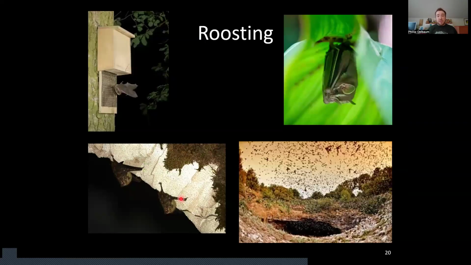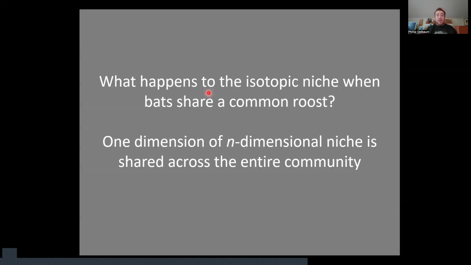I mentioned roosting as well as something to consider, in the context of the various different foraging or roosting types. We have bats that roost on bark or in foliage or in giant caves. But when they roost together, what happens when these bats share a common roost?